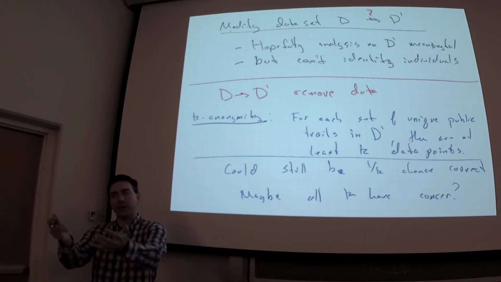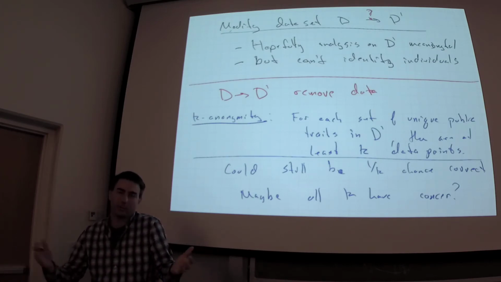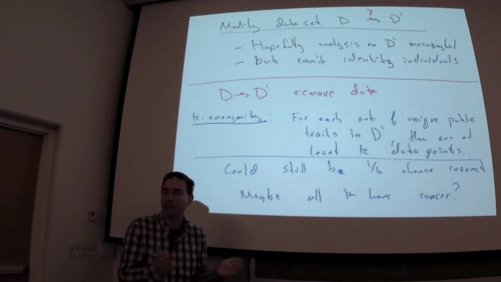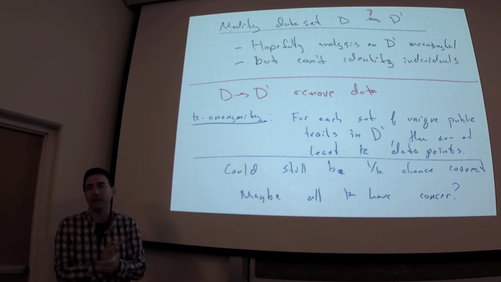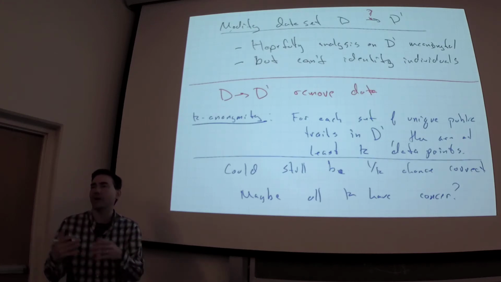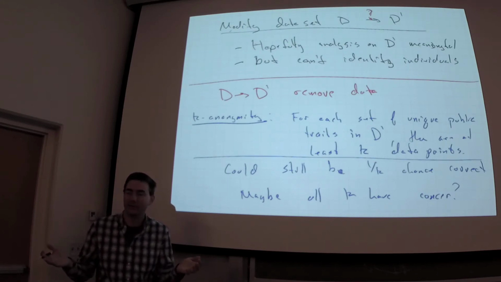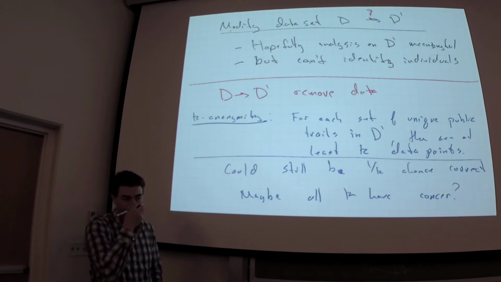If I narrow the governor down to 10 people, what if all of them have cancer? This might not happen, maybe it's only a 1 out of 10 chance. But what happens if you happen to be in a subset where everyone has this trait that you wouldn't want revealed? It doesn't protect against this case.